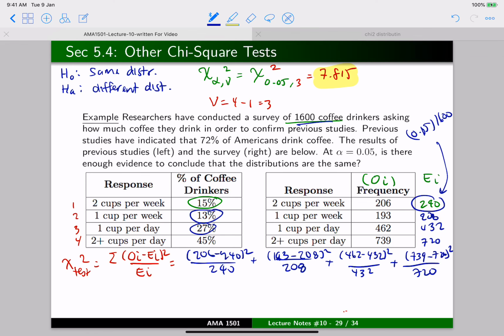When you plug that into your calculator, you actually get 8.483. And now let's compare these two values.